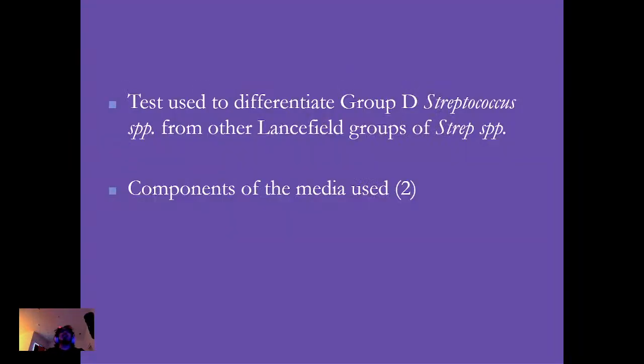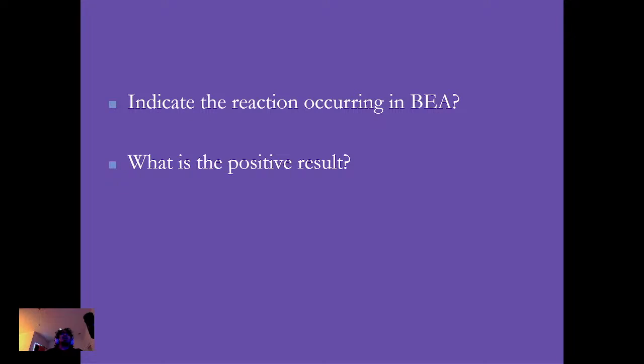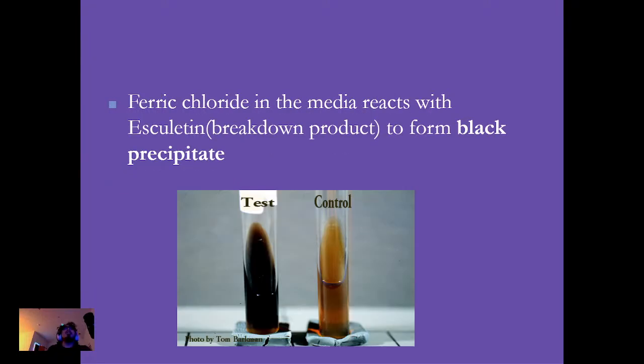Okay, it has been typed. So, the components of the media are 40% bile and esculin. Okay? Bile esculin hydrolysis test. There are two components of the test. Now, let's talk about the reaction occurring in BEA. In BEA, ferric chloride in the medium reacts with esculetin, which is the breakdown product, to form a black precipitate.